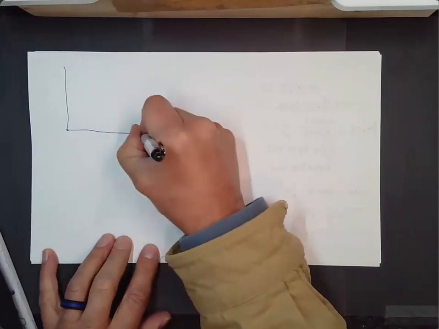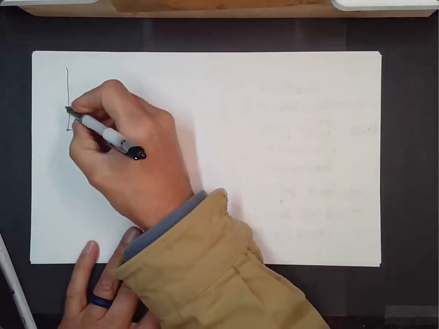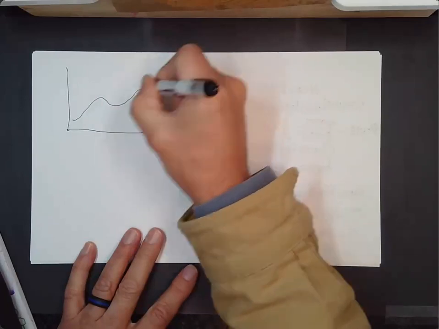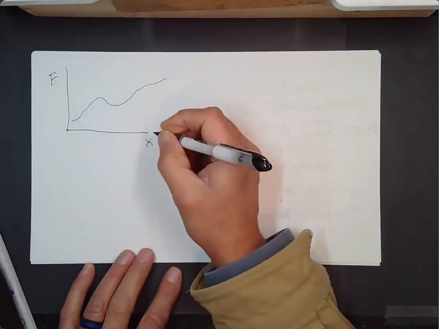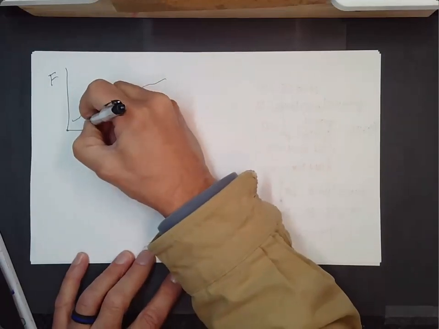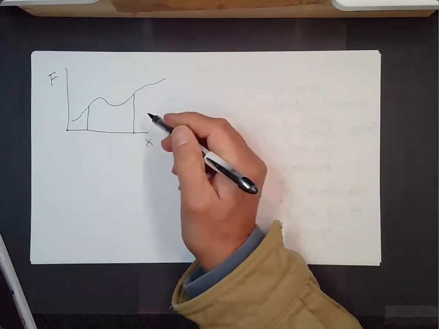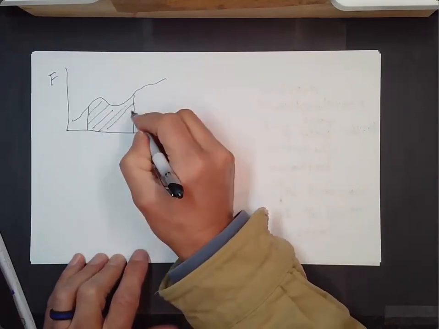What if we have, I don't know, a curve that looks like this? And here's our force, and here's our position again, and we've got a curve that looks like that. Okay, so we're supposed to calculate the area under this curve.